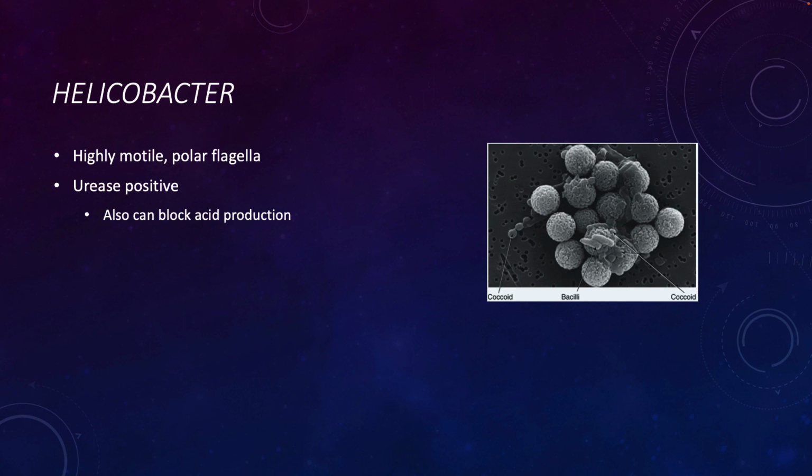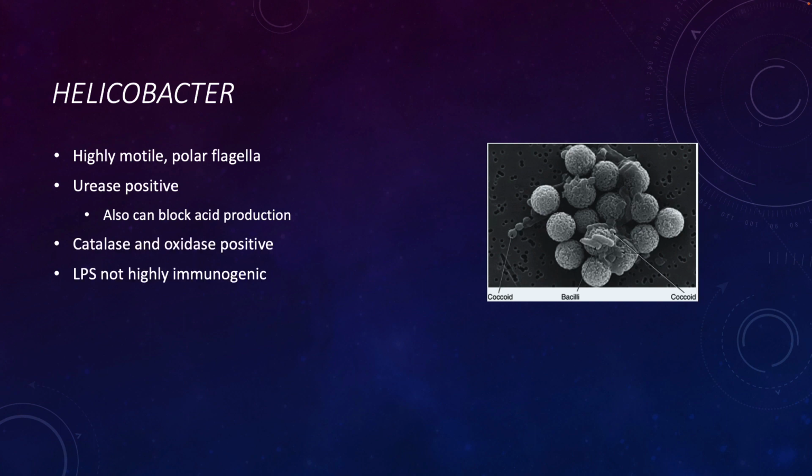So this is one of the ways that Helicobacter can use to actually colonize the stomach. The stomach pH is very, very low, but because of the production of urease, the bacterium can lead to a raising of the overall pH of the stomach.